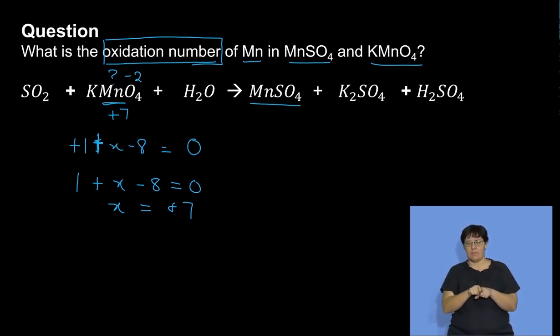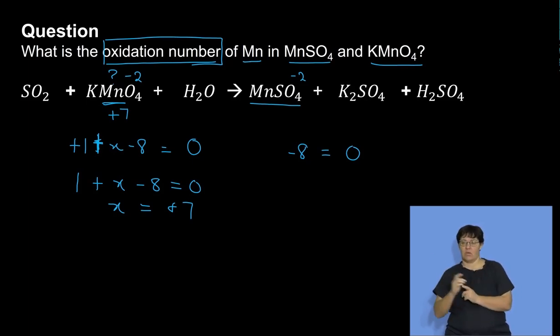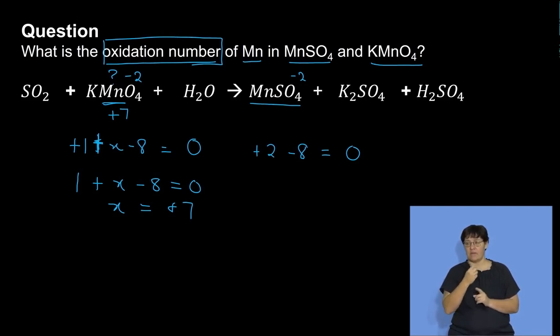Oxygen is -2, and there are 4 of those atoms, so the total for oxygen is -8. Sulfur is +2 in its combined state.